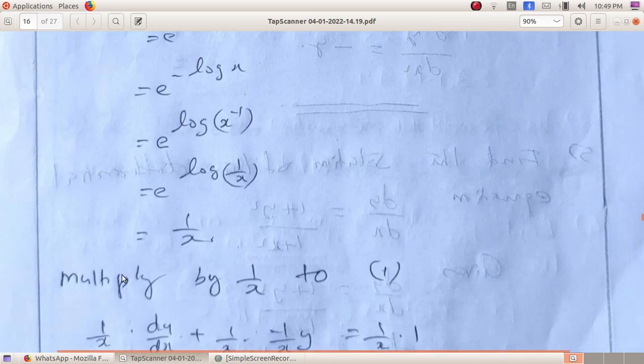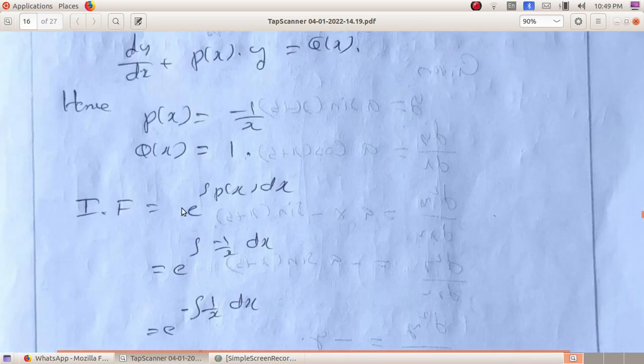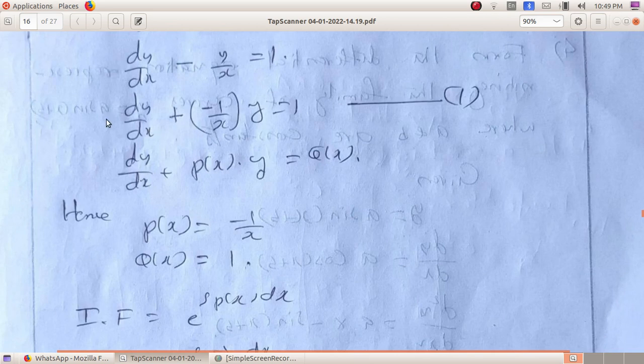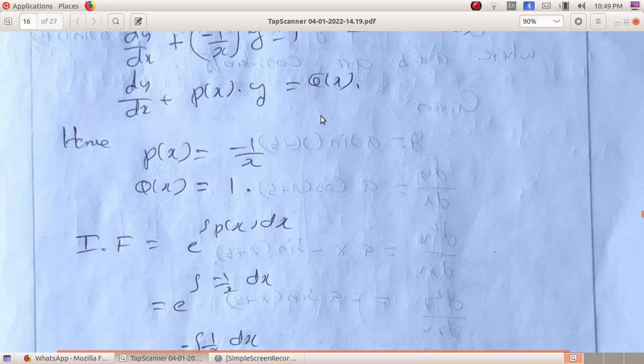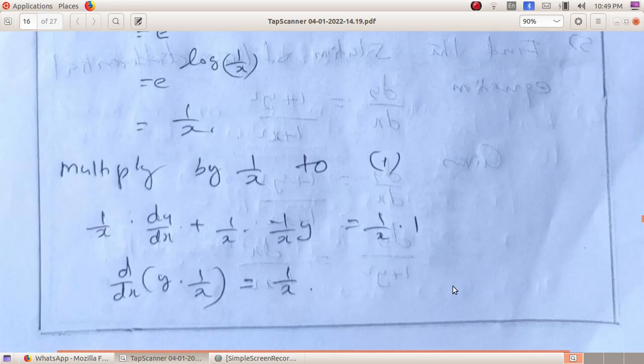Then multiply the equation by 1 by x. What is the equation here? Now the equation is this one. So 1 by x into dy by dx plus 1 by x into minus 1 by x y equal to 1 by x into 1. So using this integrating factor, we are multiplying the whole equation by 1 by x. So this line is obtained.